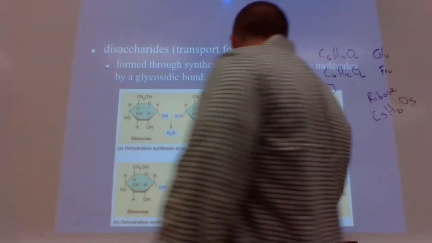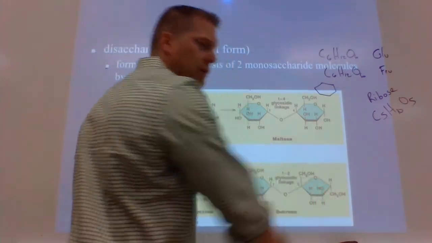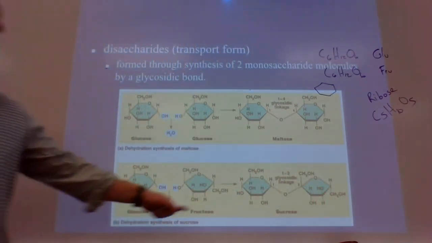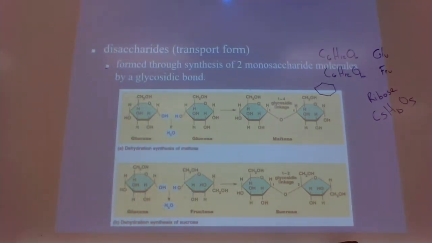Sucrose is made up of a glucose and a fructose, right? Glucose plus fructose make sucrose. And sucrose is table sugar. Right, it's what you would put in your coffee or something like that. Is it still pretty ready energy?